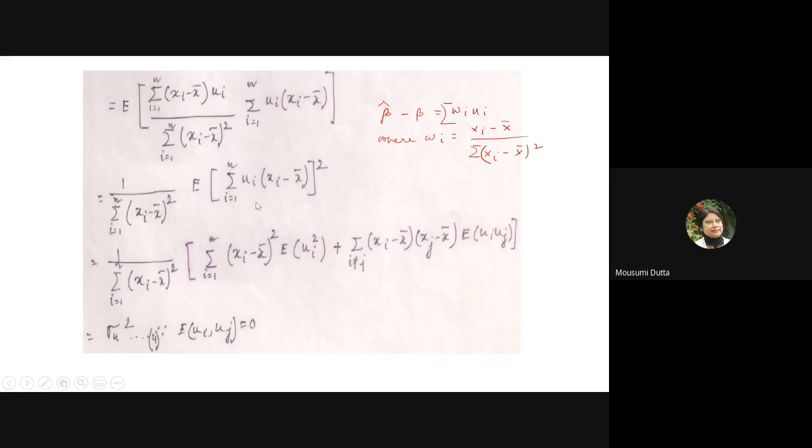Next, this is equivalent to summation (xi minus x bar) whole square expectation of ui square, and here double summation (xi minus x bar) into (xj minus x bar) expectation of ui uj. I'm considering the whole square as well as the expectation; you can do it in two steps, no problem.